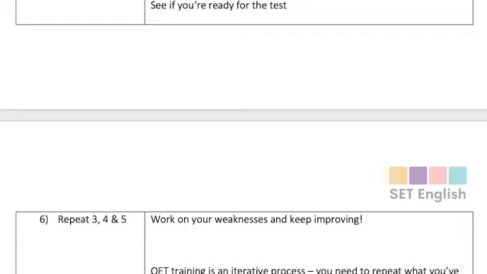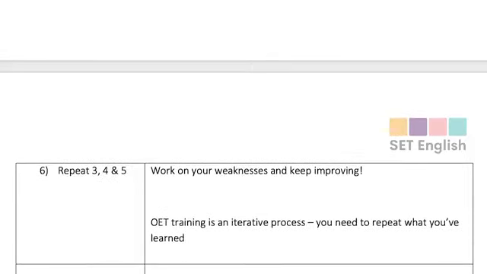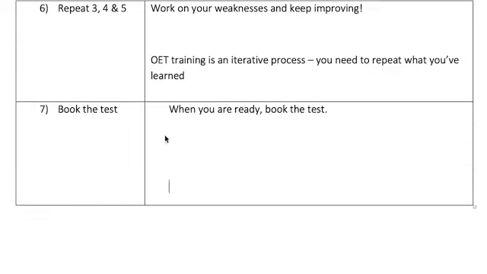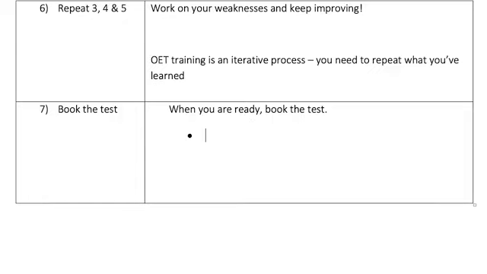And then 7 is book the test. When you are ready, book the test. Now, how do you know you're ready? You'll know you're ready when there's 2 important points.